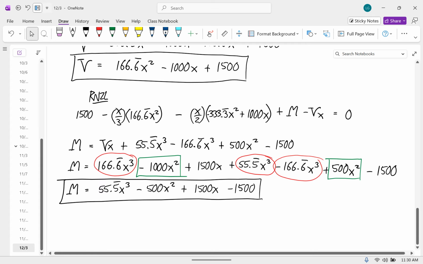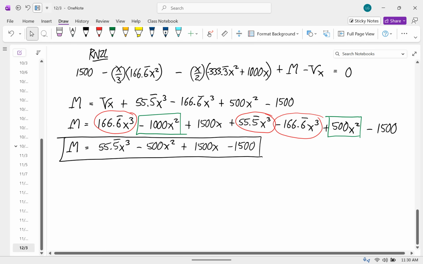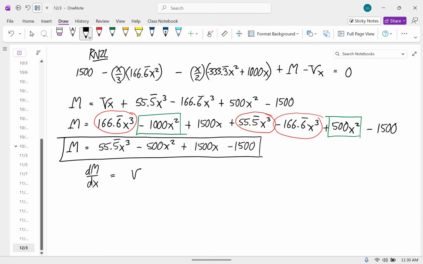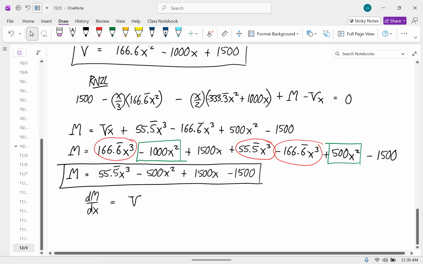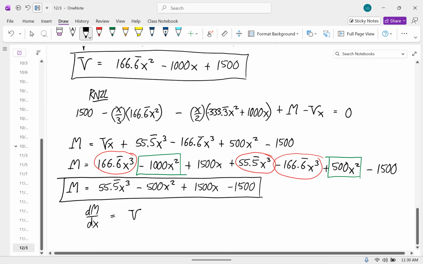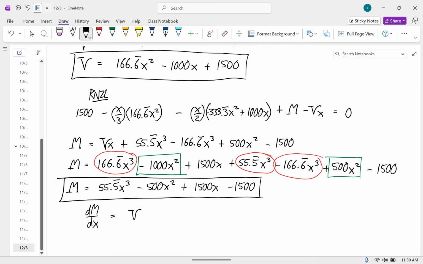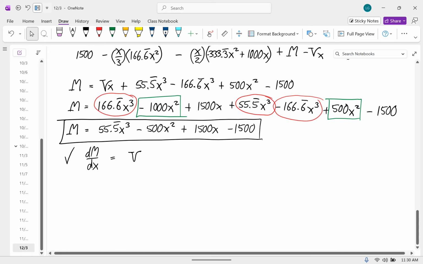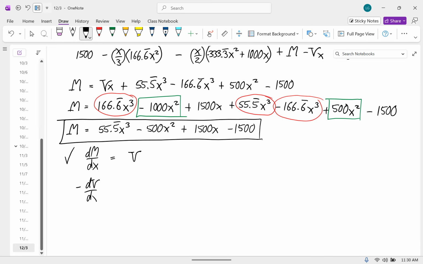Okay, so let's do the derivative checks and see if this is plausible. So dm dx has to be equal to v. Dm dx would give you 166.6 repeating x squared minus 1000x plus 1500. So that one works. And then negative dv dx has to equal q.